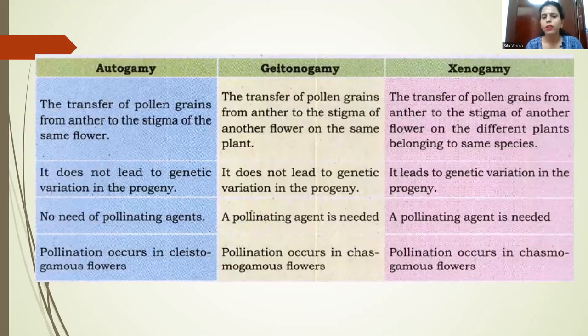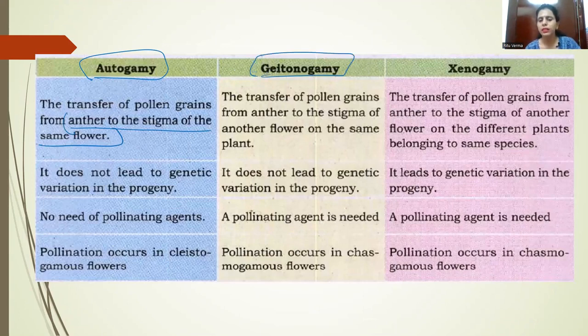Okay. Now let's quickly revise and learn about the difference between autogamy, geitonogamy and xenogamy. Autogamy is a kind of self-pollination where pollen grains are transferred from the anther to the stigma of the same flower. Geitonogamy is a condition where pollen grains are transferred from the anther of one flower to the stigma of another flower of the same plant.